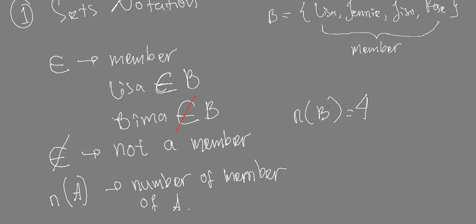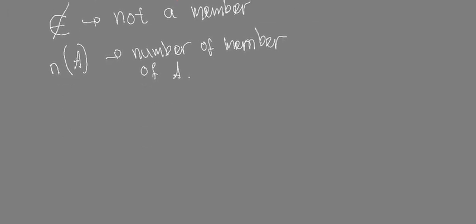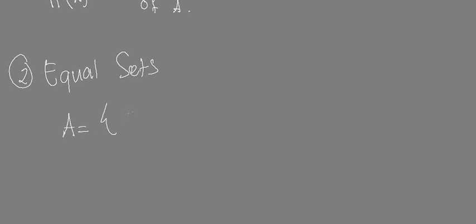Now let's go to equal sets. Number 2 is equal sets. As you can see, equal means the same, exactly the same. So if I have a set A which is {2, 4, 6}, and then I have set B which is {4, 2, 6}.